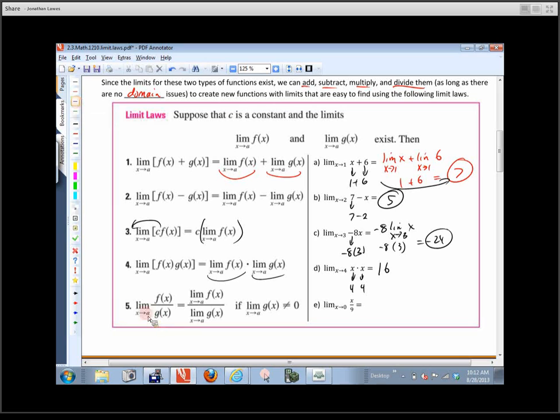And this last one says you can find the limit of the top and the bottom separately and then just divide the 2 as long as the limit for g is not 0. Okay? So on this problem right here, the top approaches a 0, the bottom is a constant, so it stays 9, so the end answer is 0 on this one. Any questions there? Make sense? Pretty easy? Okay.